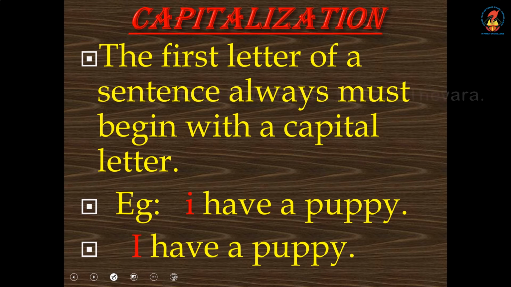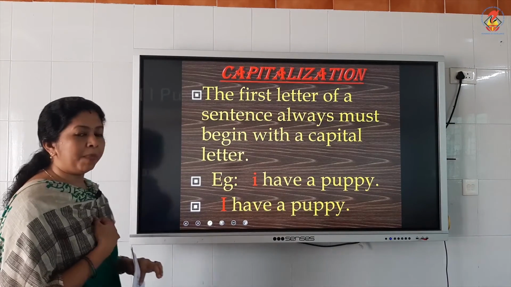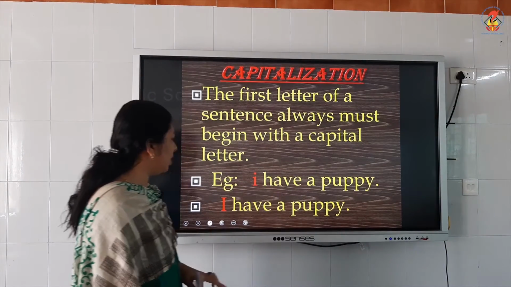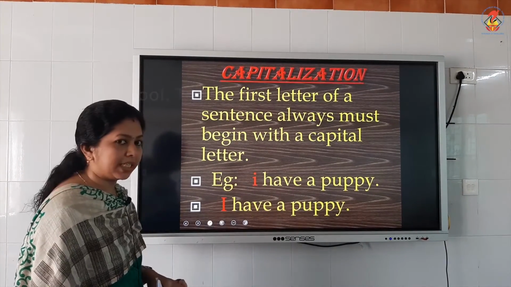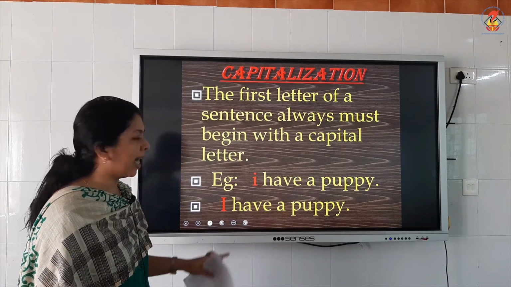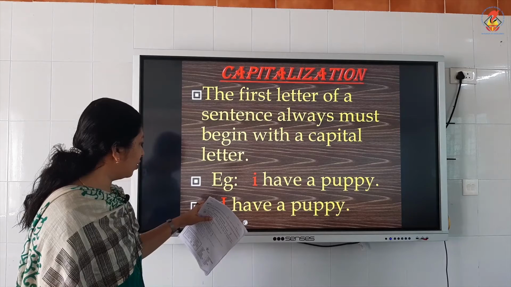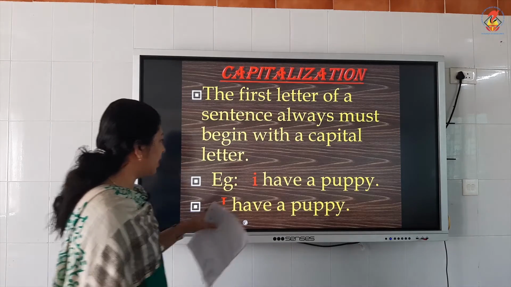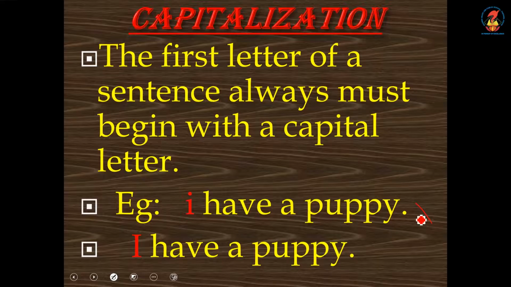Okay. See, I have a puppy. Is the first word or the first alphabet in capital? Yes or no? No. A small i is written there, isn't it? So, this first line is wrong.